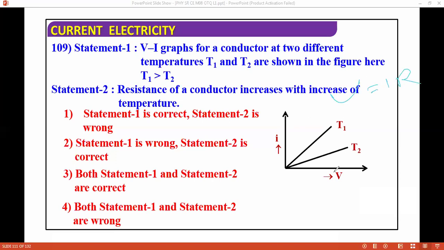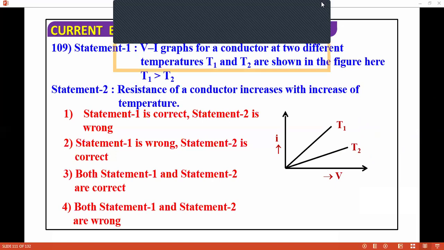So I equals 1 by R into V. Now this is the x-axis and this is the y-axis, with I on the y-axis. Basically, the slope will give resistance, and then compare. I hope you understood. If you don't, ignore this question. If you understood, attempt this question.